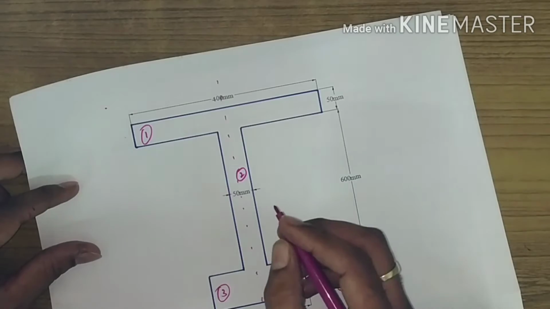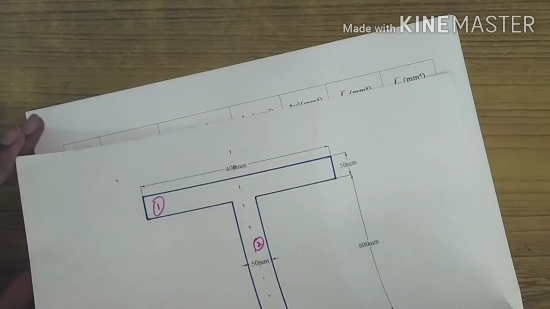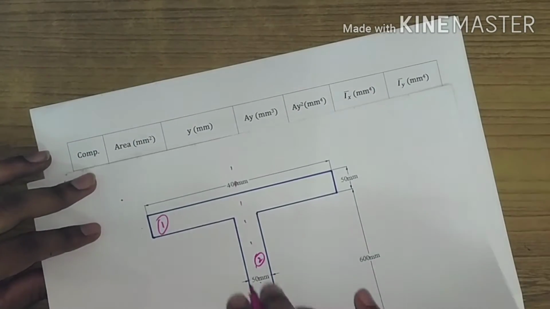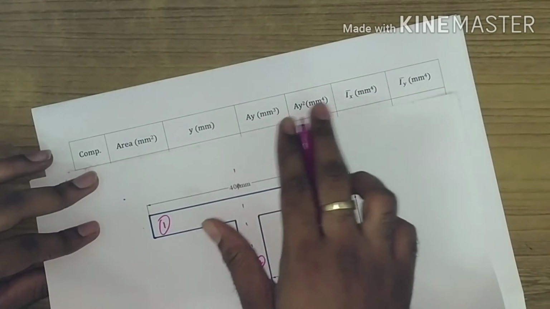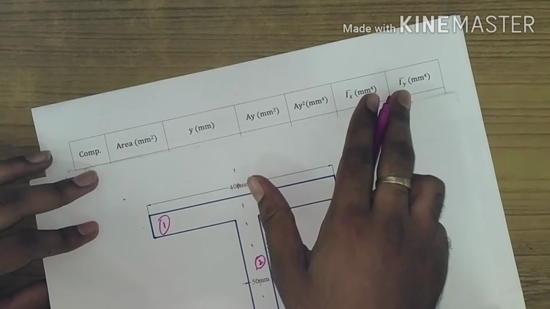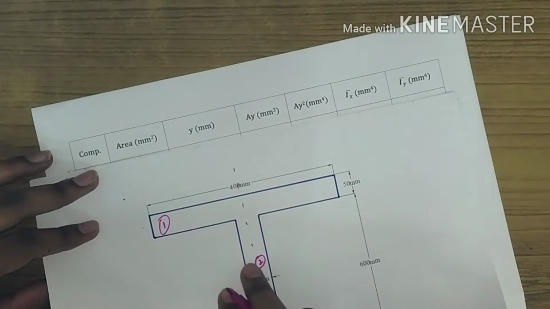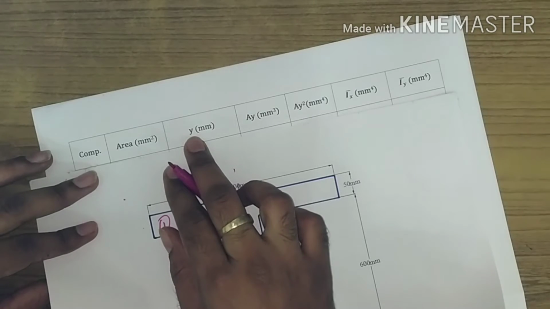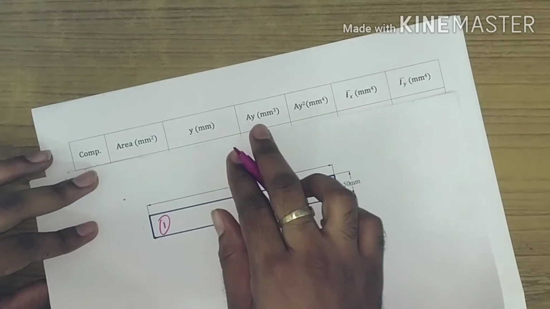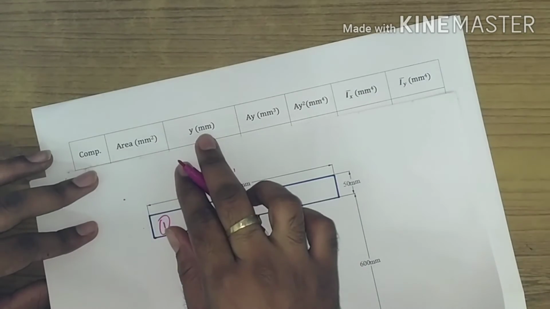Now if you see in this tabular column, I have to calculate area, y, A y, A y square, I x bar and I y bar. The area of each component we will calculate. Y with respect to the axis 1, 1 which we have considered, that we will calculate. A y, that is area multiplied by y.